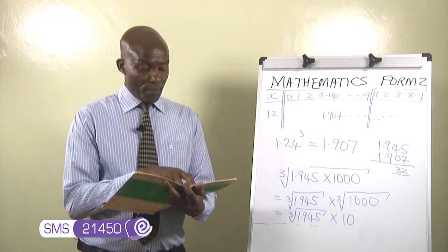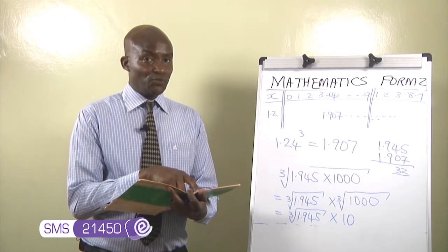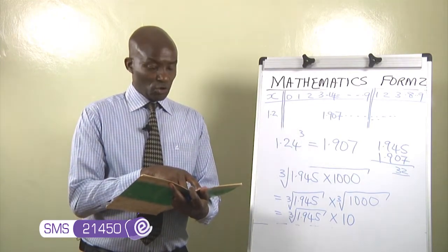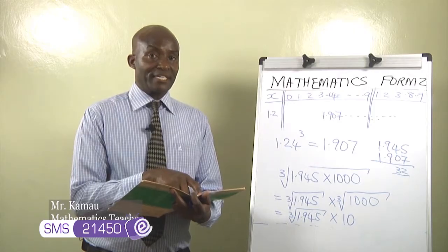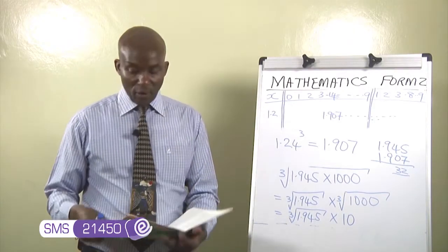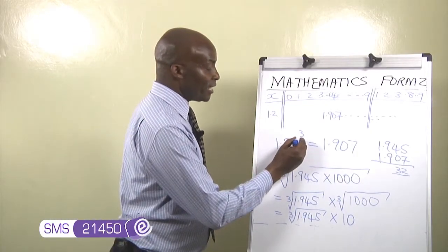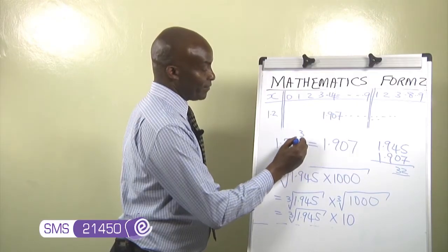The other one will be under minor column 6, which will be 28. But 28 is further away from 32, so I opt for 33. So 33 occurs under minor column 7. So that tells me that my fourth digit here should be 7.